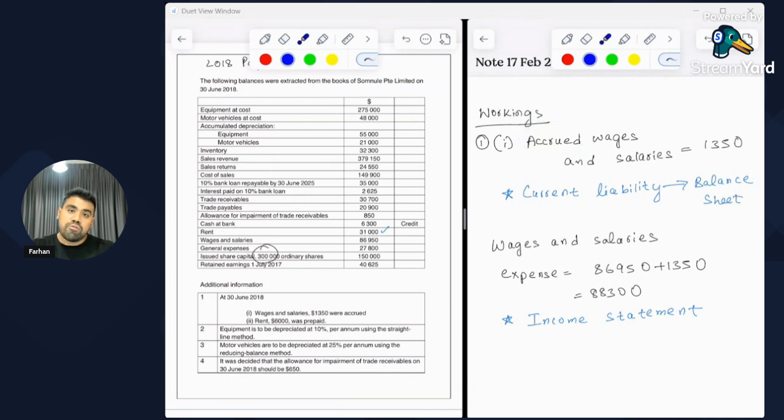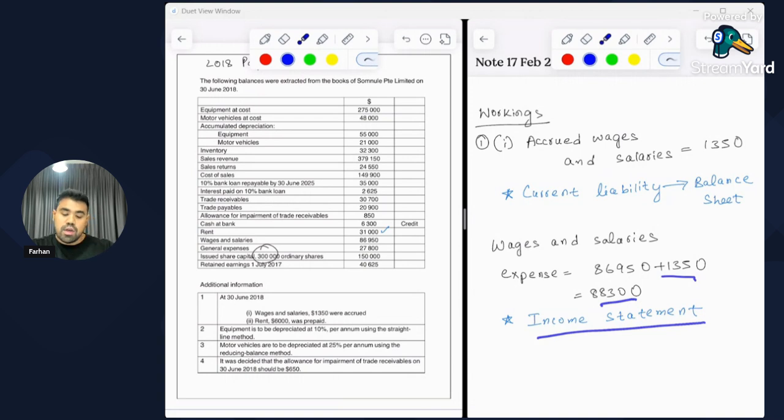Then you've got the total for wages and salaries expense. The total for wages and salaries expense is $86,950, which we have taken from the trial balance, plus an additional $1,350, which we have incurred, but we still haven't paid yet, but altogether it increases the total wages and salaries expense for the business. So altogether, the total wages and salaries expense is $88,300, and this is to be reported in the income statement.